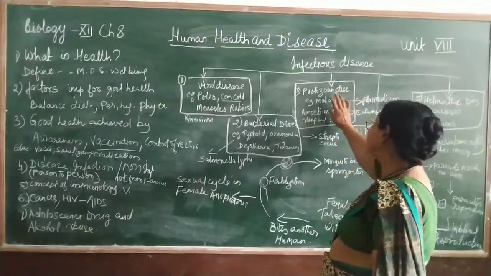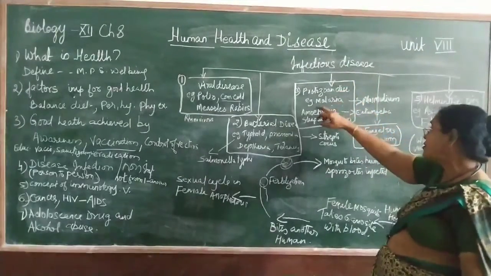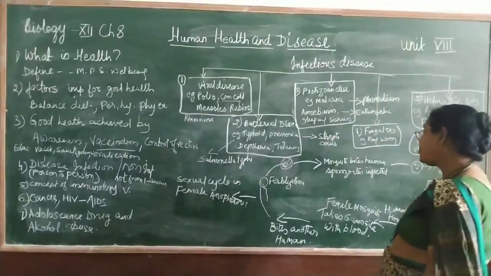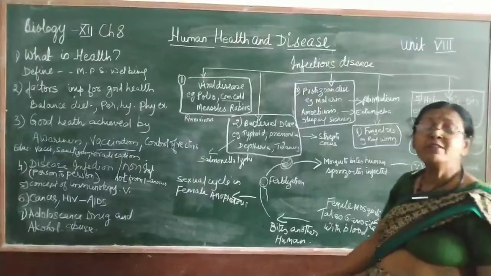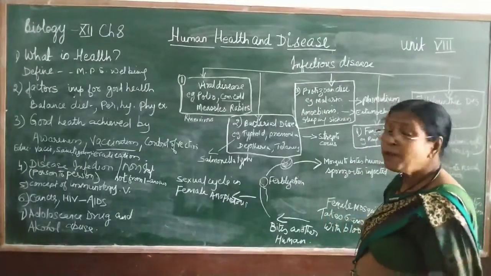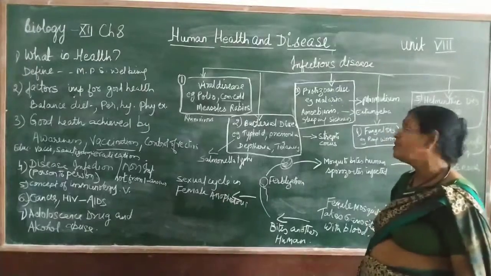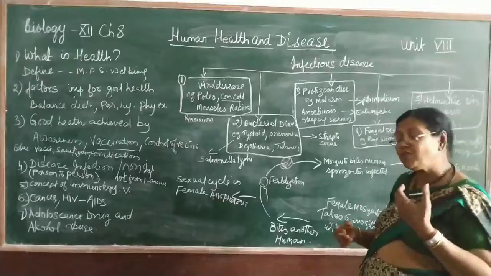Then comes the protozoan disease. The third type of infectious disease is the protozoan disease. Example, malaria. You have come across many people suffering from malaria. Now what is this malaria? How is it caused?